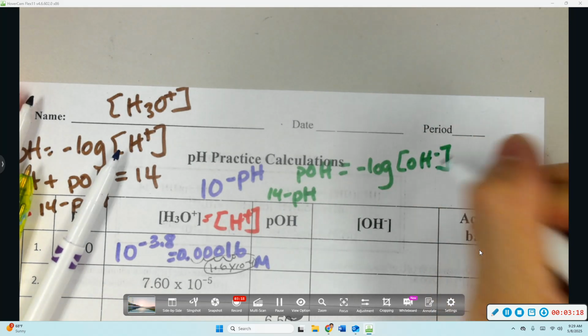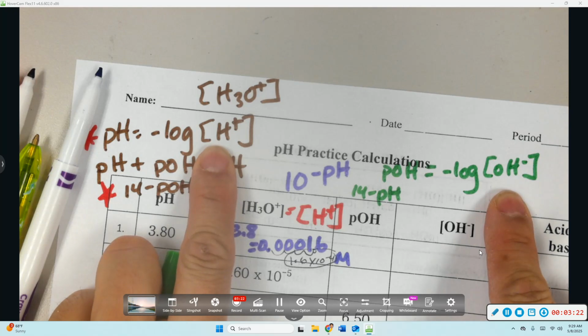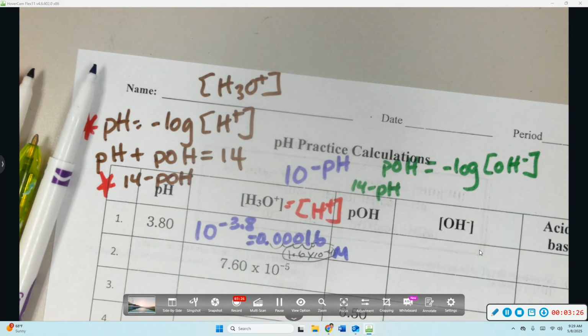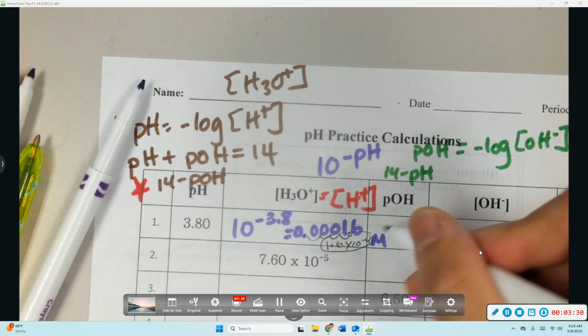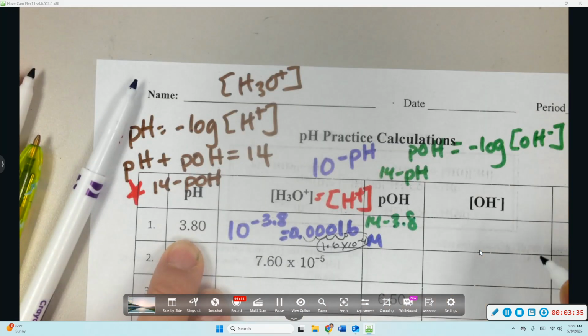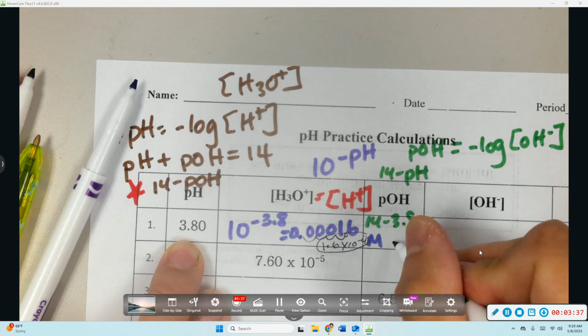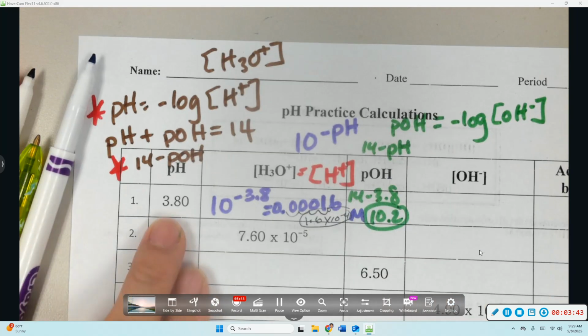Right? pOH corresponds with OH ions. pH corresponds with the H plus ion, the hydrogen ion. OH is hydroxide. Hydrogen for H, hydroxide for OH. So 14 minus 3.8. You'll get what? 14 minus 3 is 11, so 10.2. That would be your pOH there. Okay?